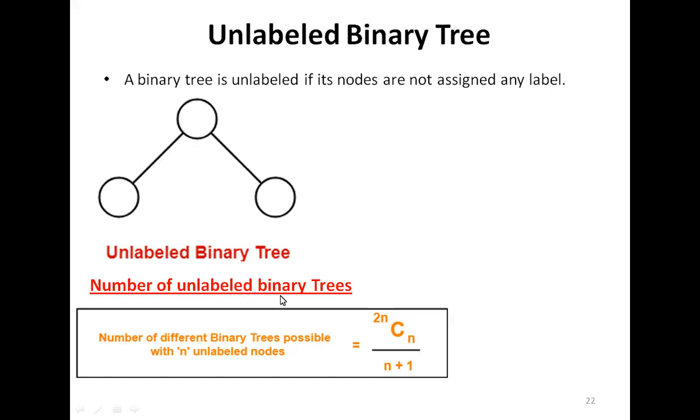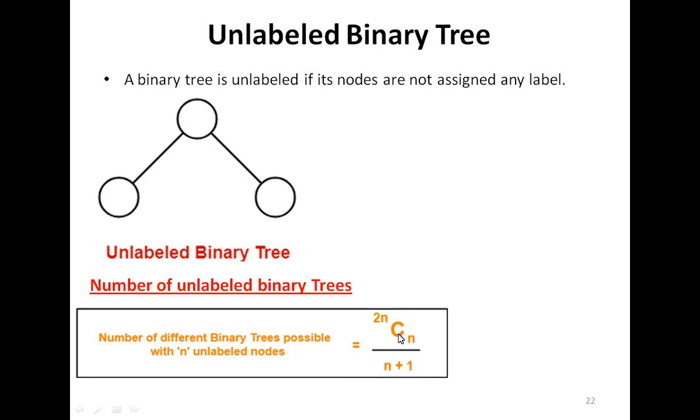Now the question is the number of unlabeled binary trees with given number of nodes. How to find the total number of unlabeled binary trees with a given number of nodes? We can find that by using this formula. Number of different binary trees possible with n unlabeled nodes is equal to 2n C n divided by n plus 1.